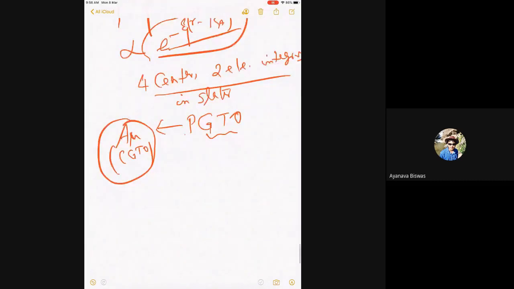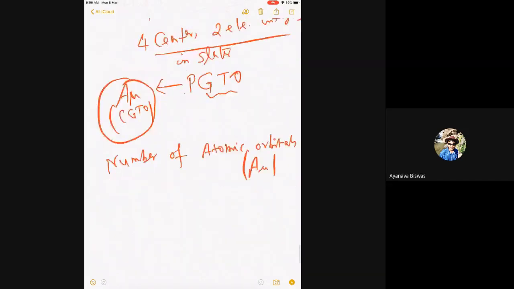So two things together are the basis set. One is the number of atomic orbitals, which can be called CGTO, which are mu, and the other is the number of Gaussians. These are basically Slater, but I can't apply Slater, so I'm approximating a Slater by a combination of Gaussians. The number of Gaussian functions for each Slater.